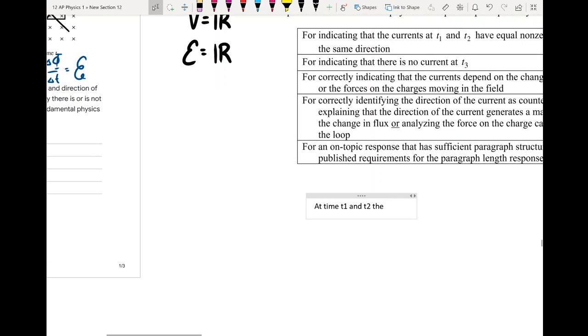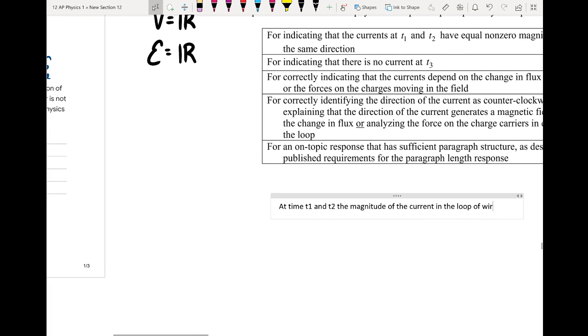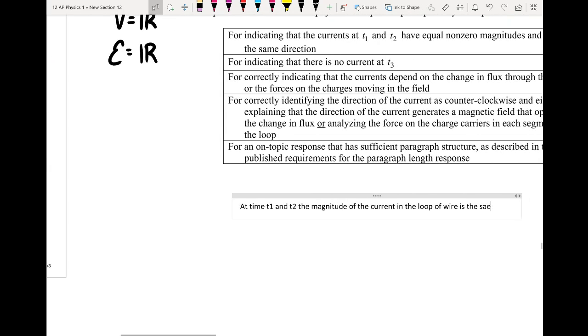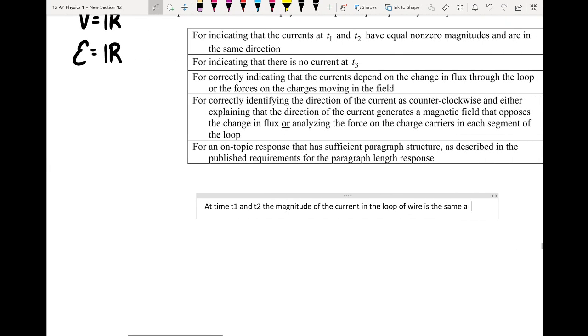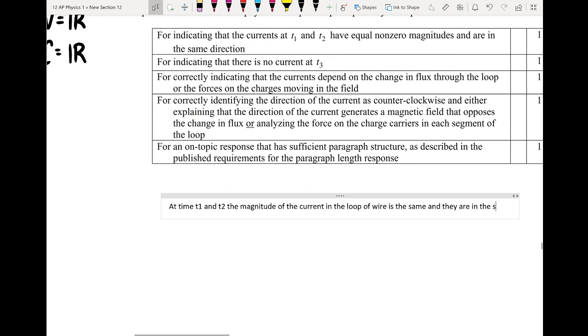The magnitude of the current in the loop of wire is the same, and they are in the same direction. So that's kind of our thesis, what we're arguing.